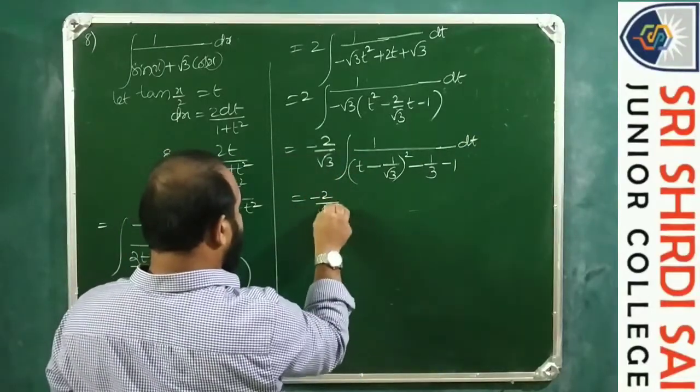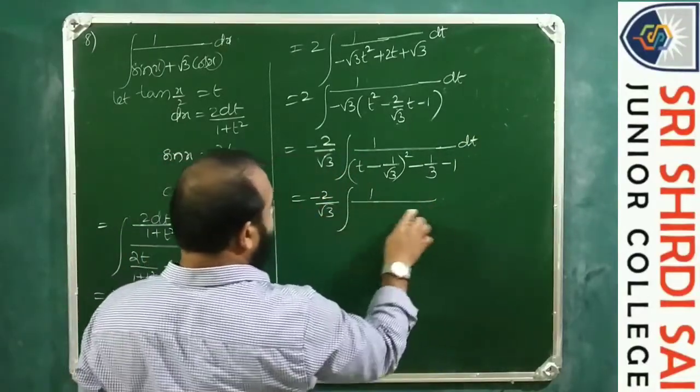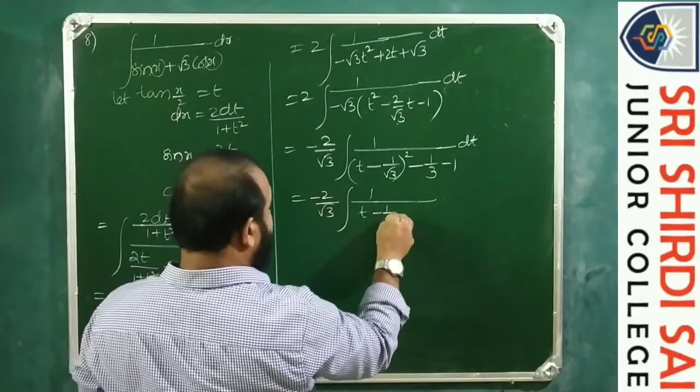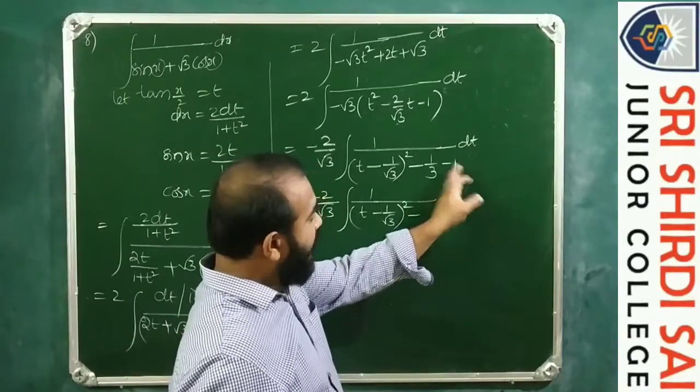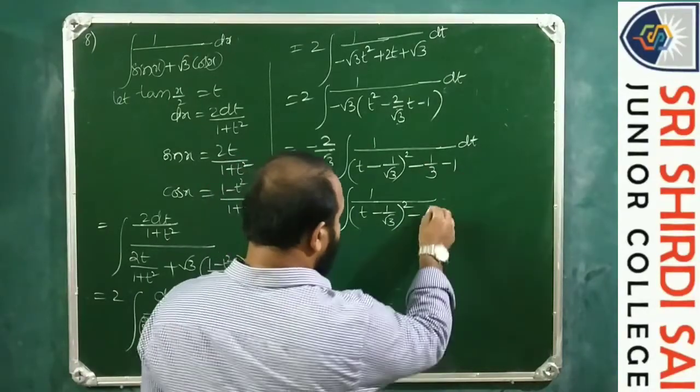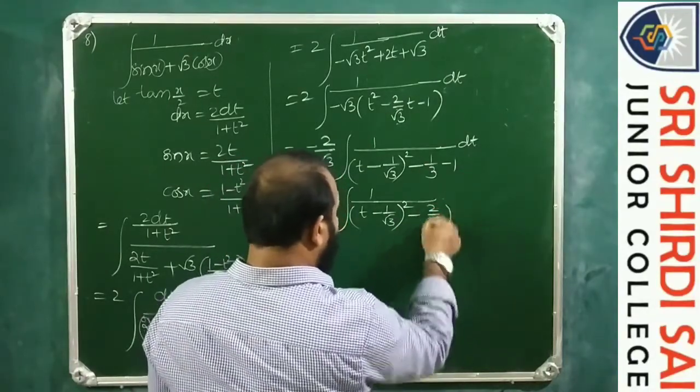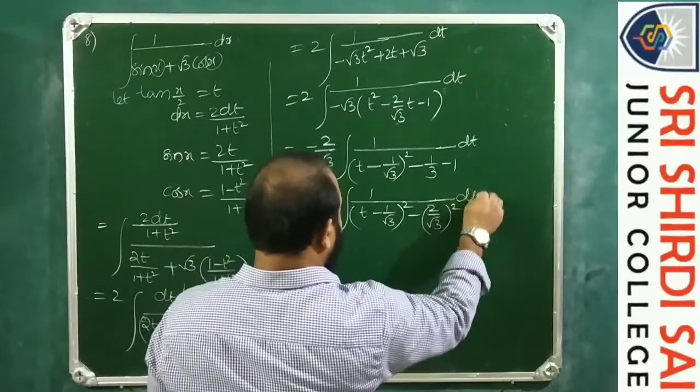Minus 2 by root 3 1 by t minus 1 by root 3 whole square minus 3 ones are minus 3 minus 1, minus 4 by 3 is 2 by root 3 whole square dt.